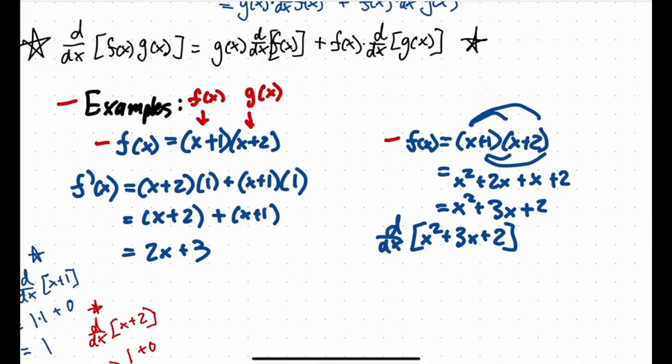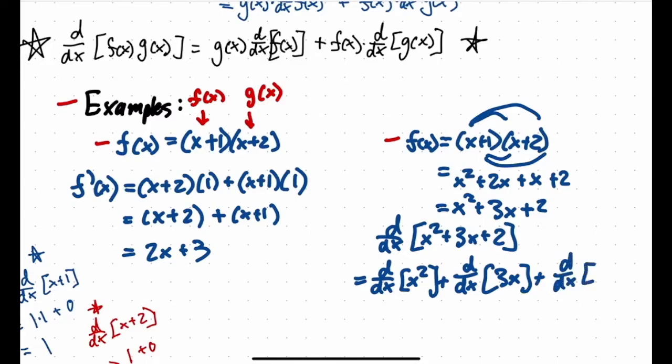So we can use that same rule that we've used for the addition of functions. Finding the derivative of that is the derivative of each of the respective ones. So this becomes d over dx of x squared plus d over dx of 3x plus d over dx of 2, using that rule that we proved at the very beginning.